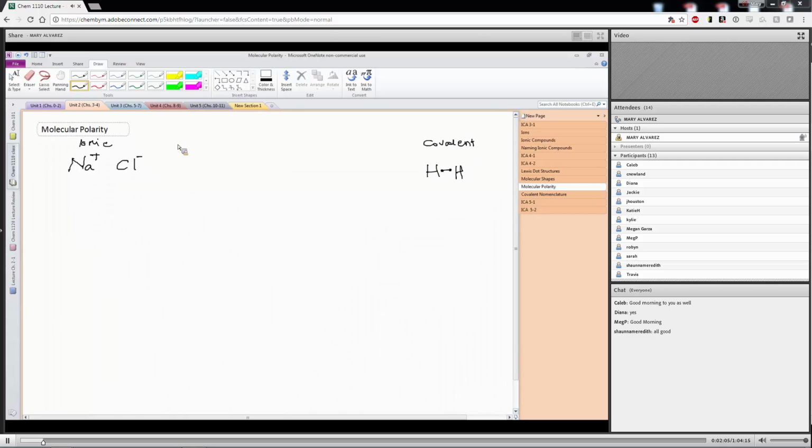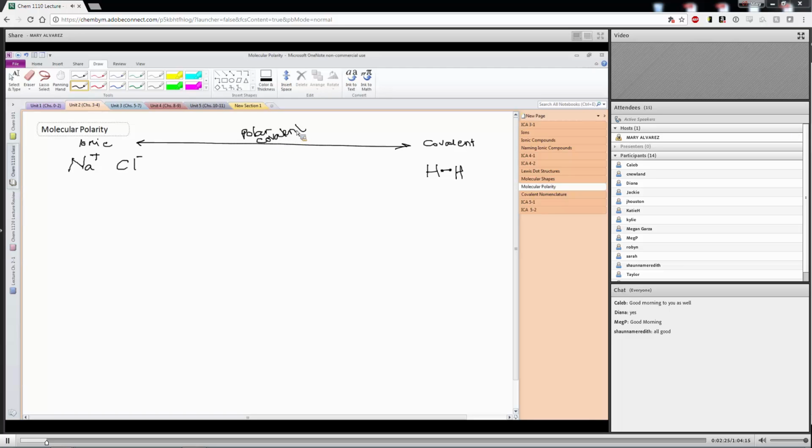But what we're going to talk about today is that there's actually a spectrum here between purely covalent and purely ionic bonds. And in the middle, we can have these bonds which we call polar bonds. They're still covalent, they're still sharing, they just don't share them equally.